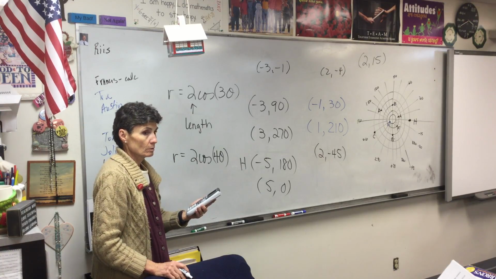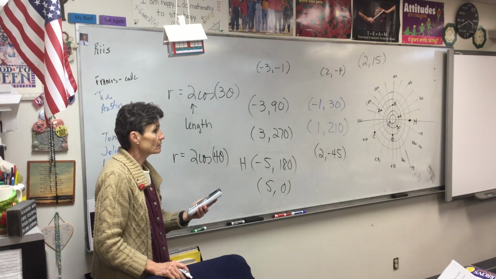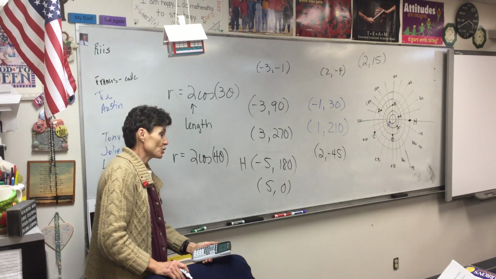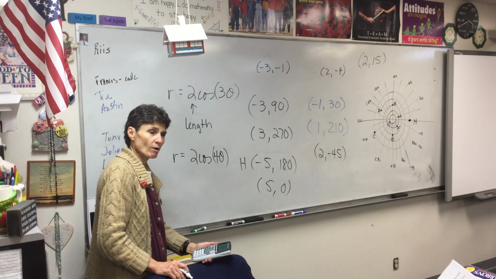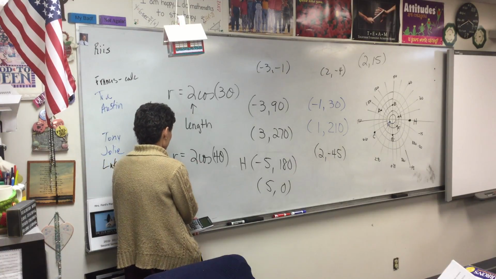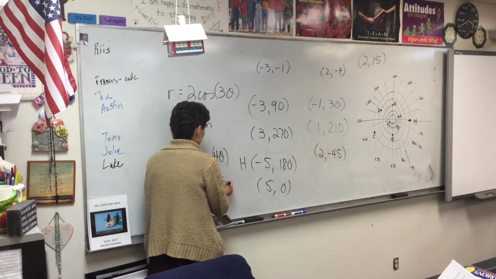Whoa, what happened? There's 8. Dang, shot that theory all to heck, didn't it? Anybody have a thought? Let's try another one. Same equation, but let's do 5 theta and see what happens.